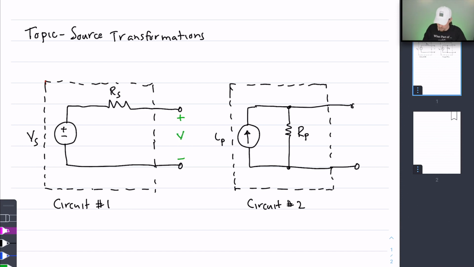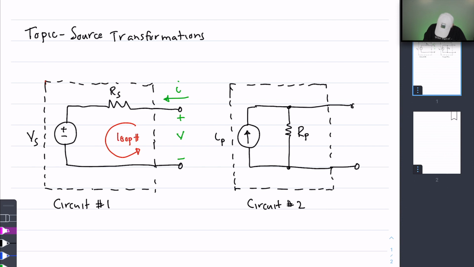Every time I place a voltage across those two terminals, I'm going to draw a current I, like so. And notice that for the circuit, I can actually define a very clear loop, like so.